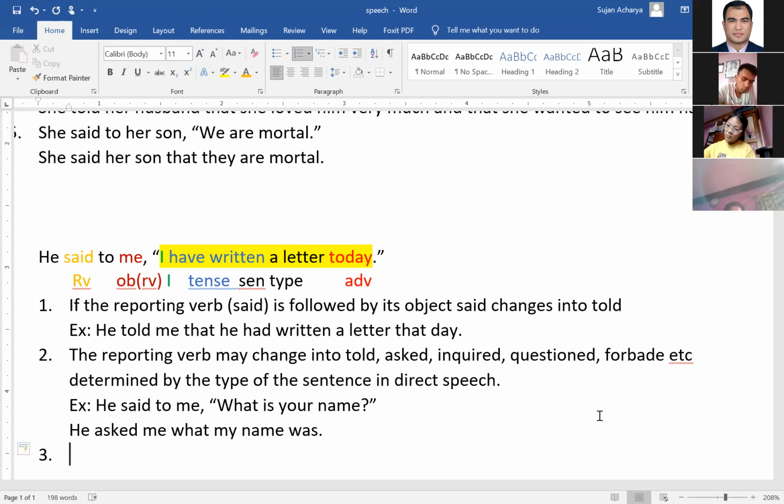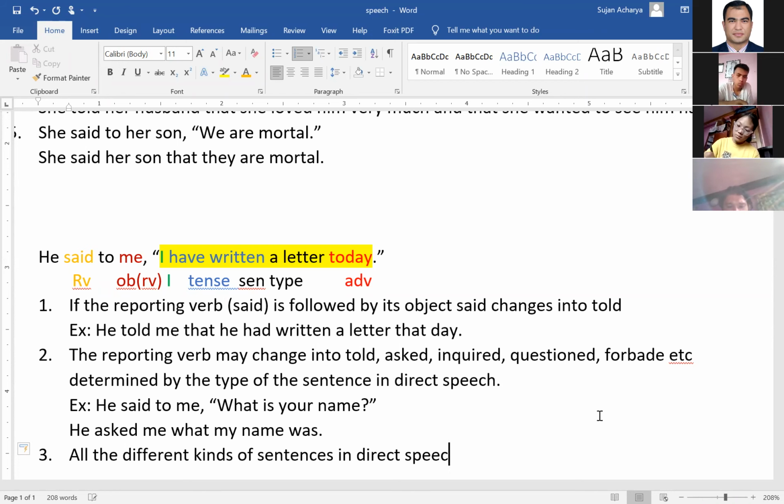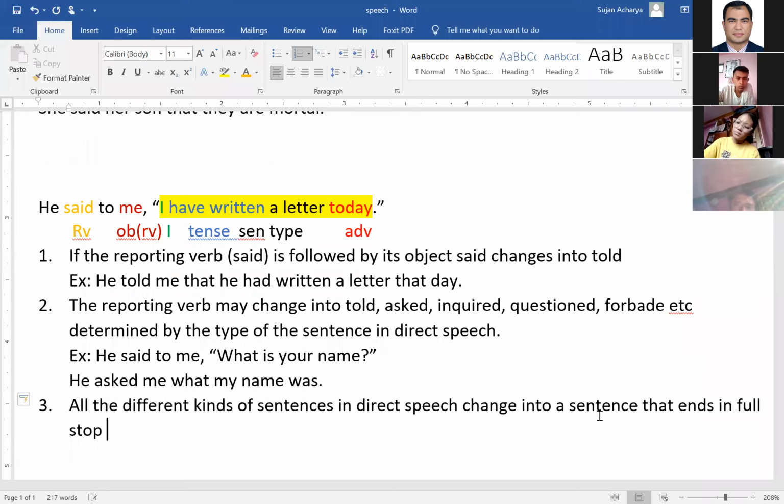Number 3. All the different kinds of sentences in direct speech change into a sentence that ends in a full stop, to make it easy for you, a statement.